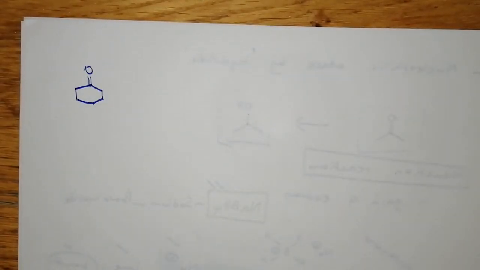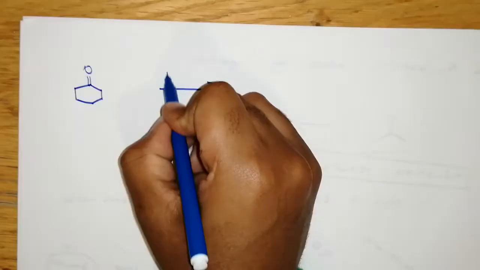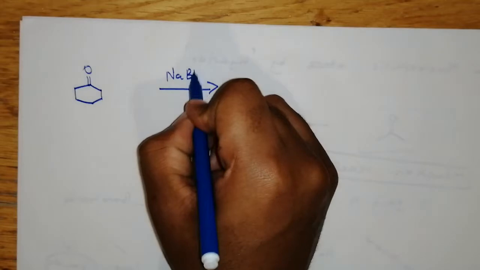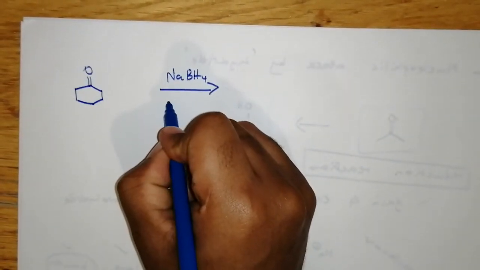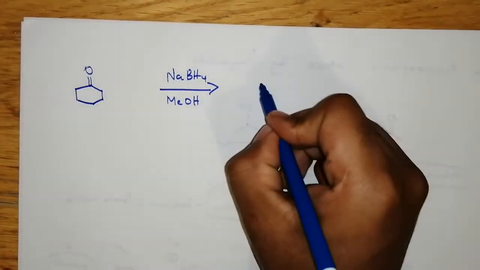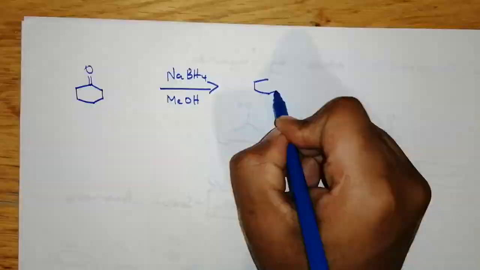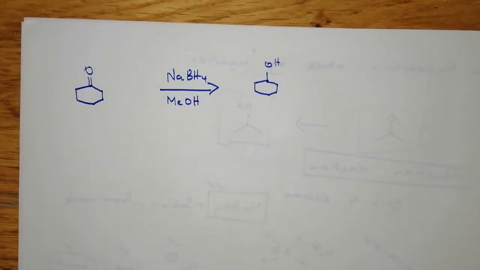So when we reduce this using sodium borohydride, and then let's say we've got an alcohol here, this is going to be reduced to a secondary alcohol, right? This is a secondary alcohol.